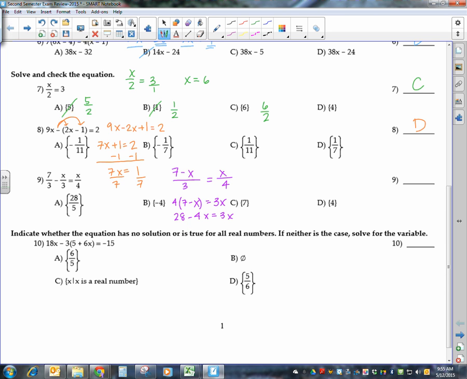Okay, and if I add 4x to both sides, because I'm taking that 4x over, that gives me 28 equals 7x. And then I divide both sides by 7 and find out that x is equal to 4. So the answer would be D.